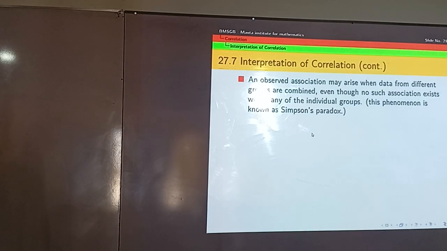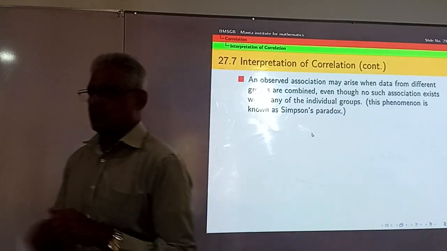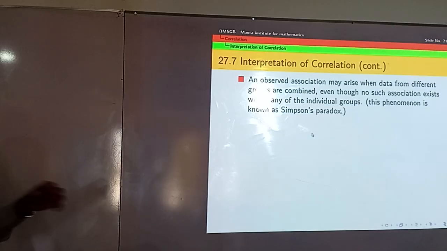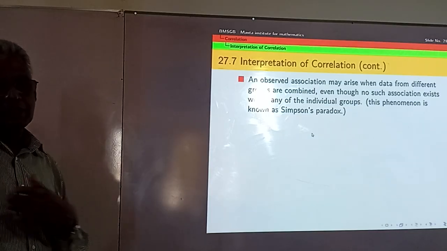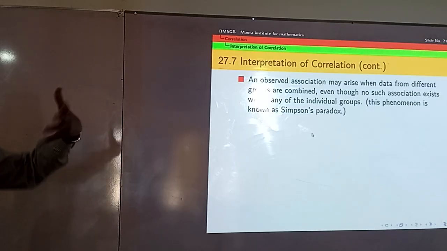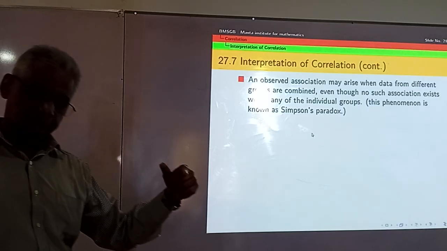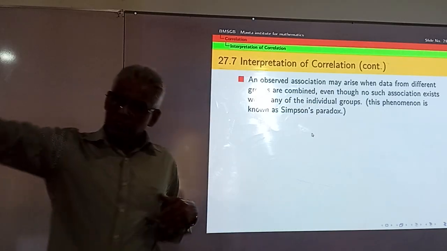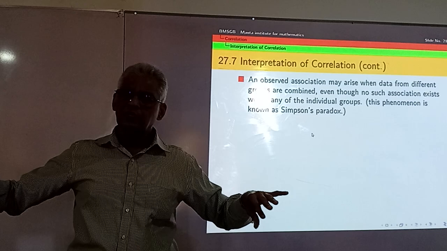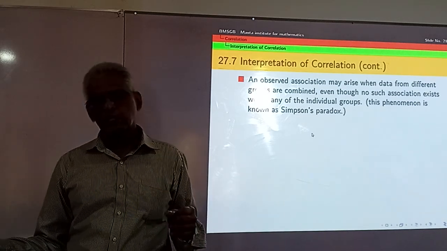So this kind of phenomenon has a name. It's called Simpson's paradox. Because if you look at individual groups, there is no association, but if you put them together, there is apparently a spurious relationship. Also, sometimes there can be a positive relationship when you put them together. When you look separately, maybe in one there is a positive relationship, and in another group there can be a negative relationship.